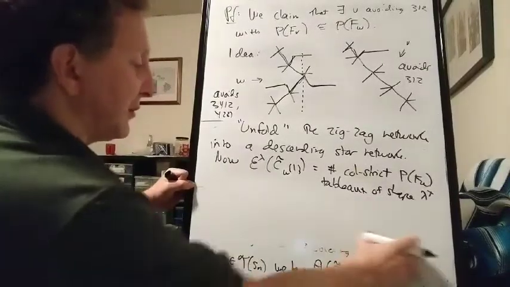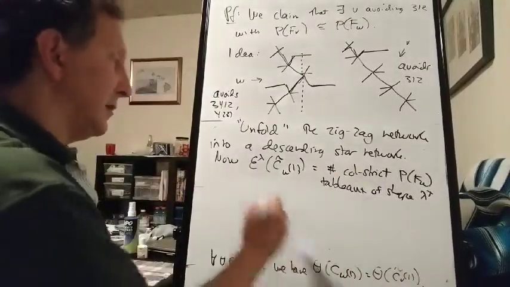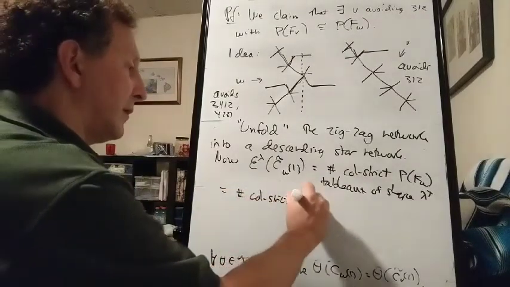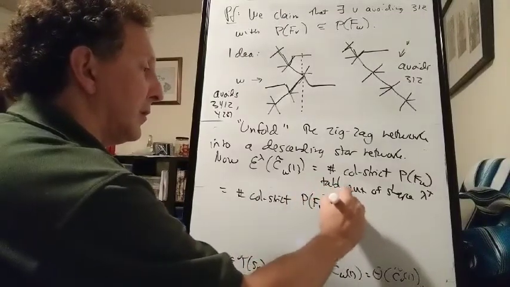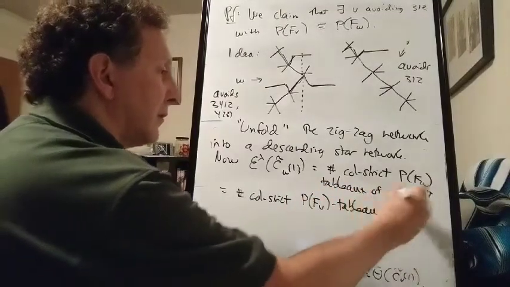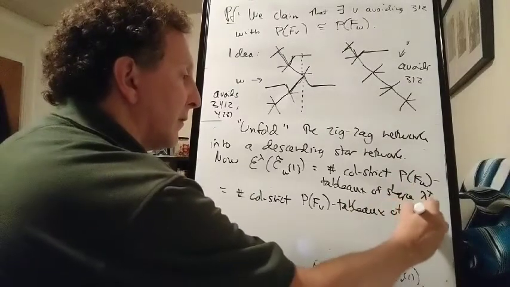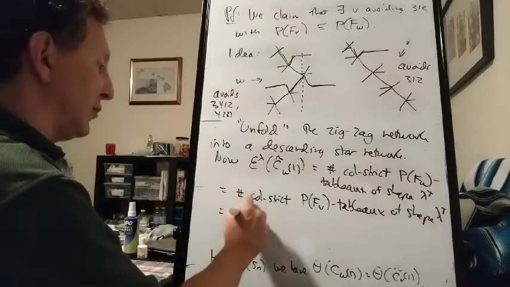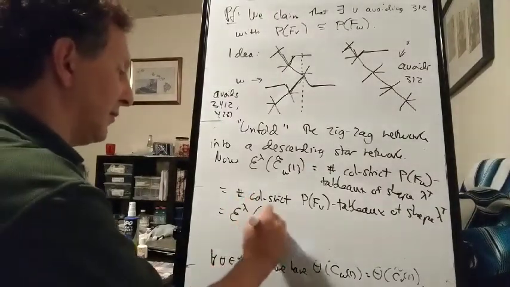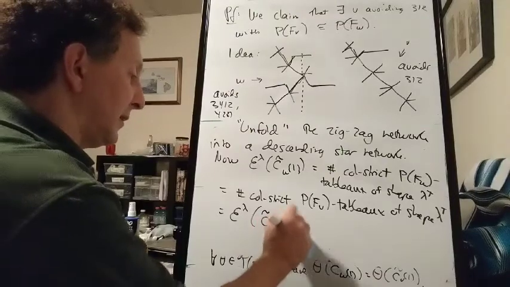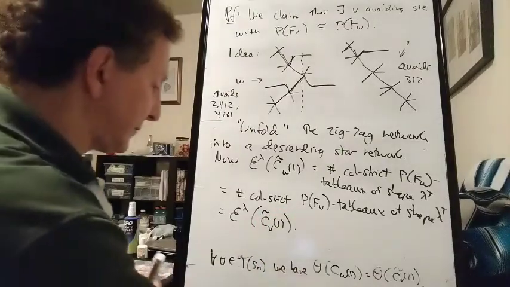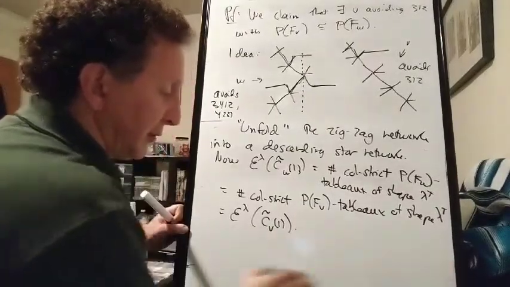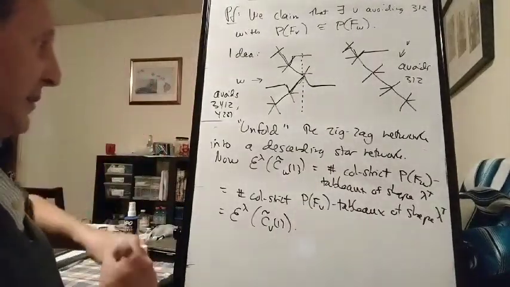And since P of FW is isomorphic to P of FV, that's equal to the number of column strict P of FV tableau of shape lambda transpose. And that's equal to epsilon lambda of CV. So the induced sign character evaluations are exactly the same.